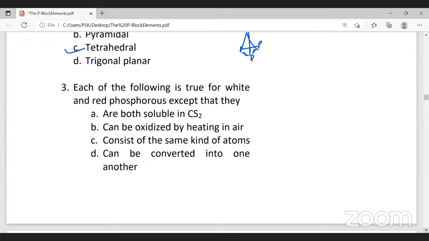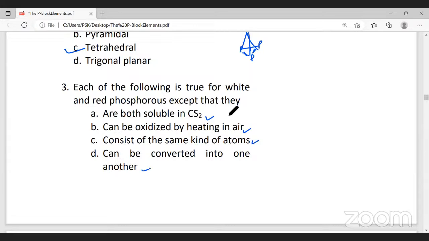Each of the following is true for white and red phosphorus, except that: they are both soluble in carbon disulfide, can be oxidized by heating in air, consist of the same kind of atoms, can be converted into one another.